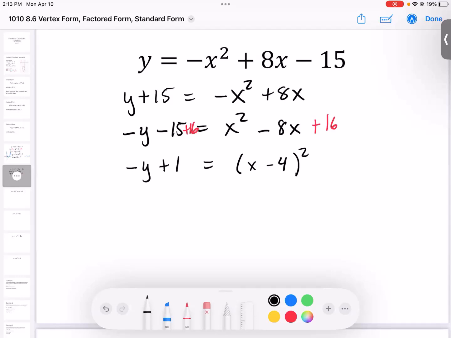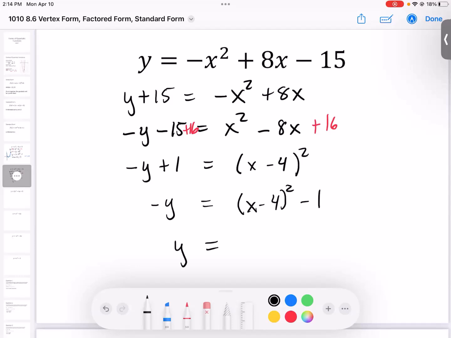So now I just need to get my y by itself. So I'll subtract 1 from both sides, which gives me negative y equals x minus 4 squared minus 1. And then to get the y all the way by itself, I'll divide both sides by a negative, or you could multiply both sides by a negative. It's fine either way. And this thing right here is one single term.